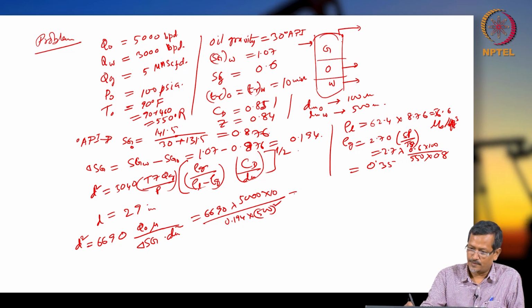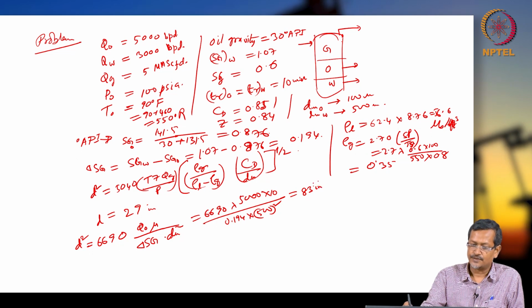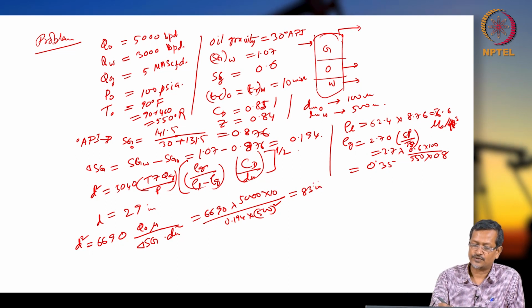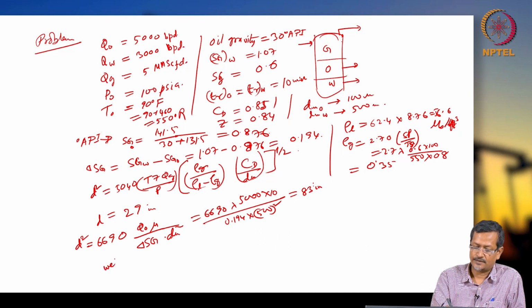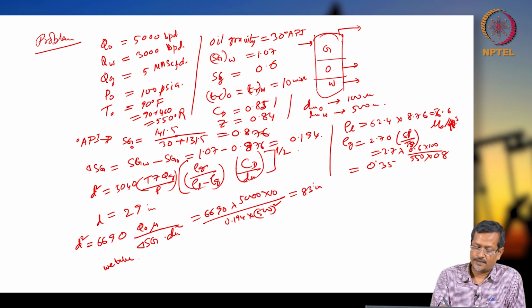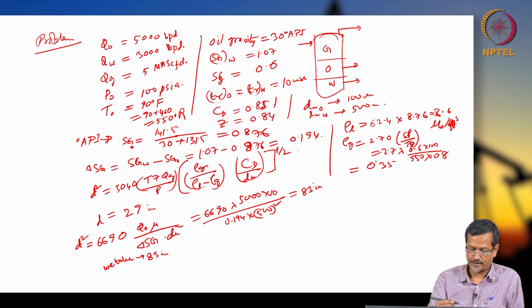This gives 83 inch. If you see these two values of D, 83 is the major one, so we take 83.